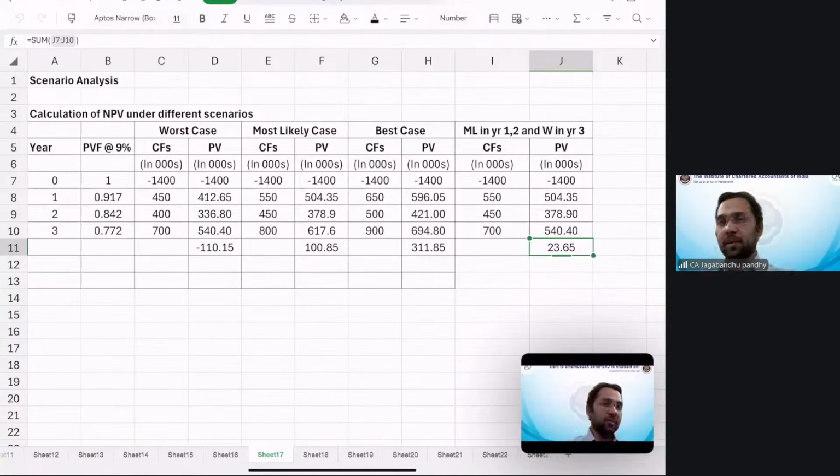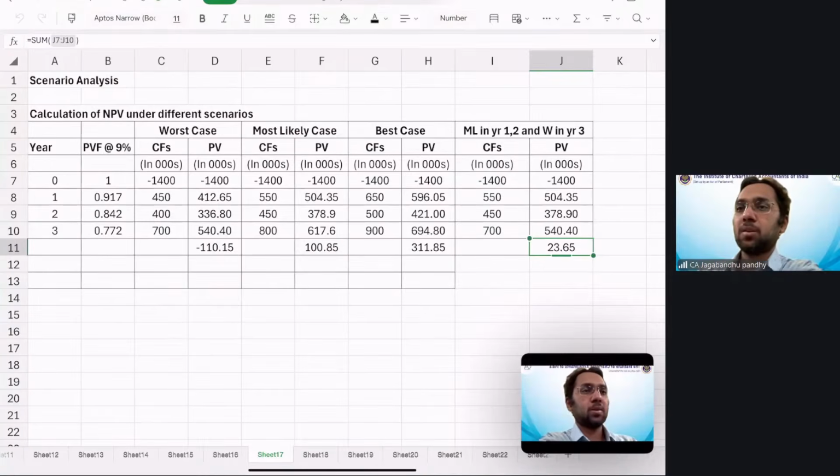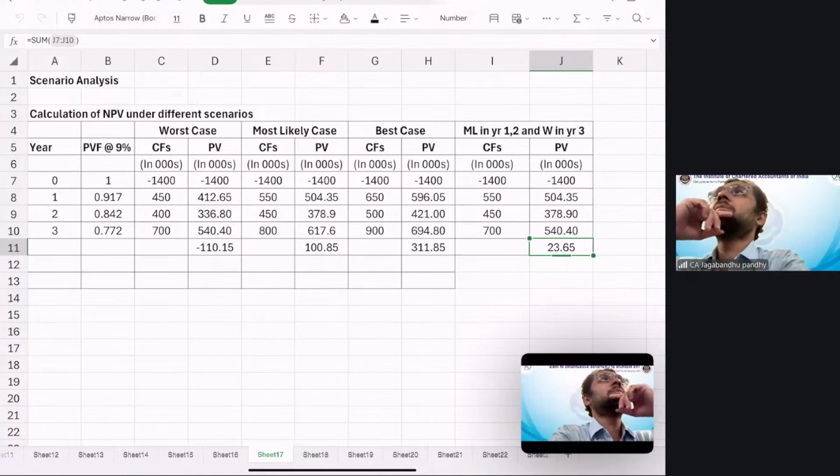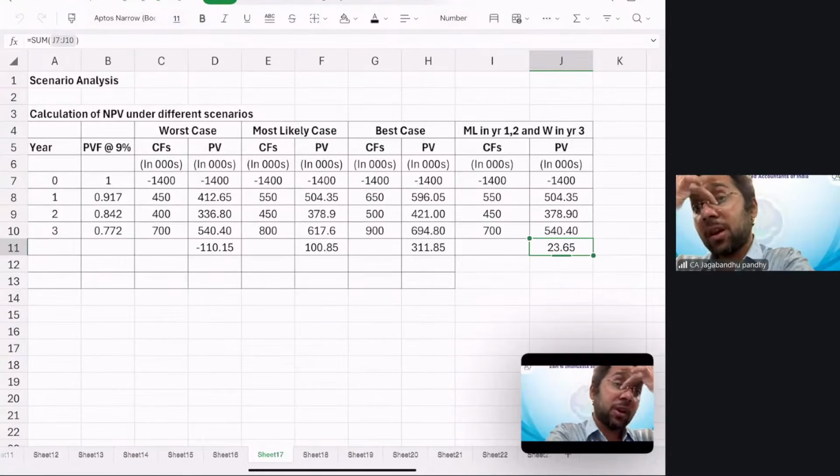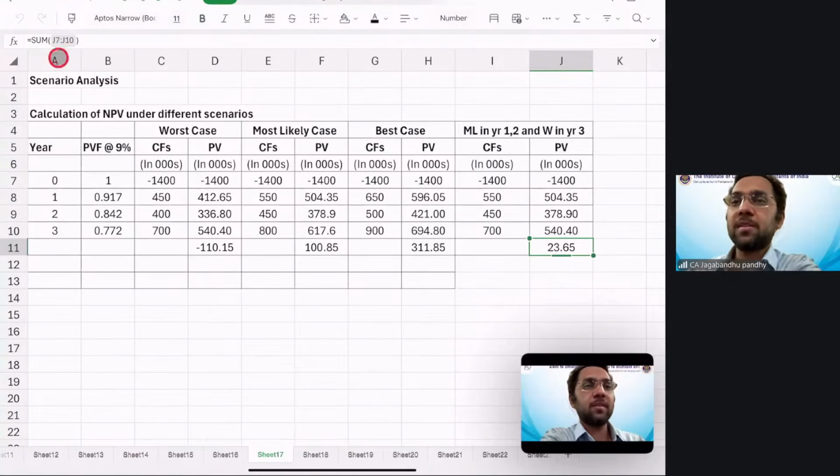Rather, what we're looking at is multiple variables creating a particular scenario. Let's say you are saying that the selling price may change by 2.5%, or input cost may change by a certain percentage. So you create a scenario, and then you create multiple scenarios.